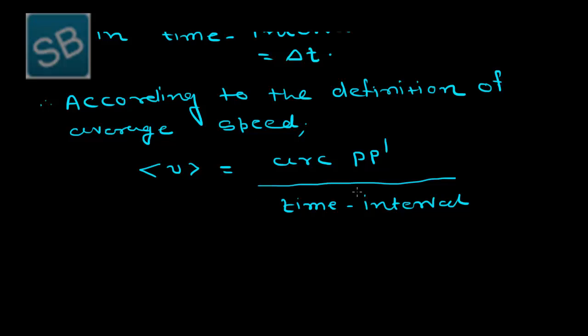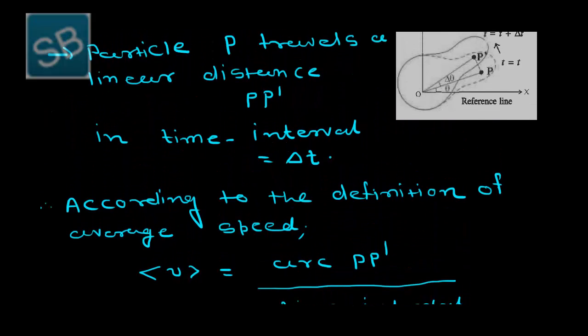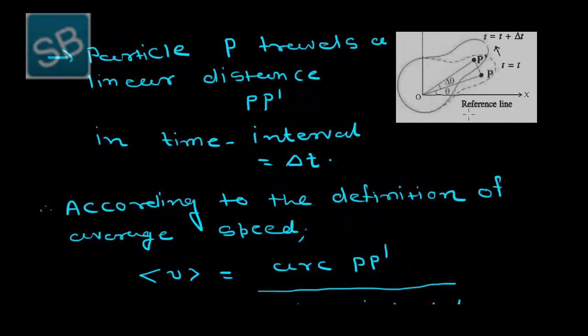Now suppose in this circular motion the radius of the circular path is small r.